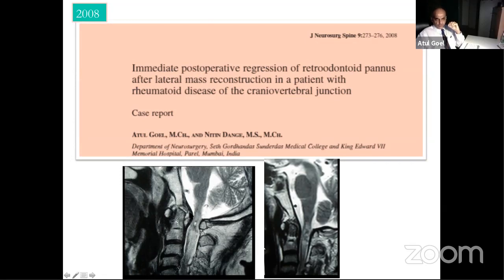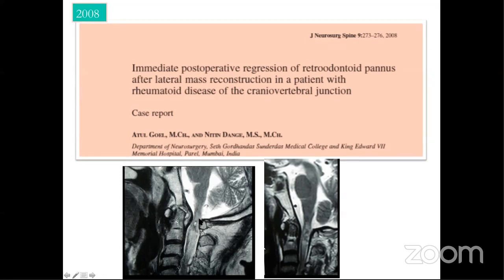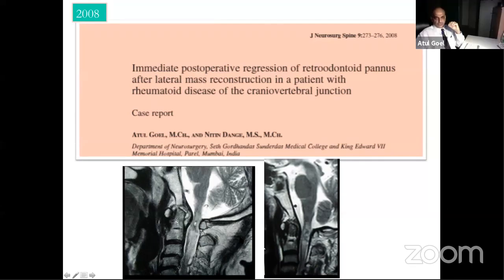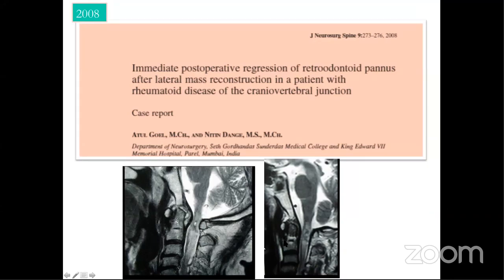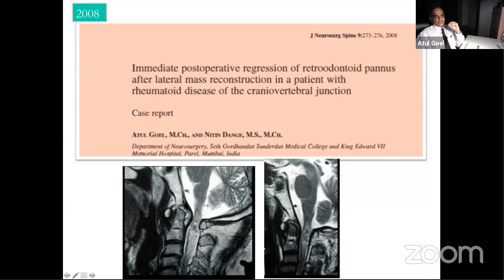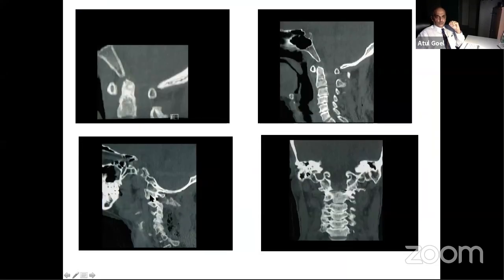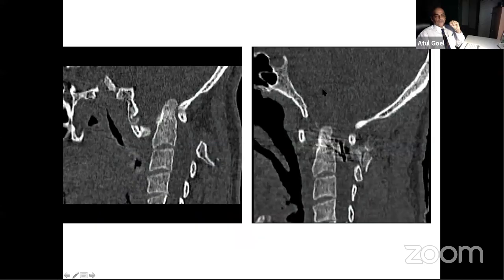So there is no need to do decompression from here. There is no need to do decompression here. There is a problem of instability, and these are secondary features. These are due to buckling of the ligaments, and distraction reduction is the treatment. You do introduce these facetal spacers, and you do distraction reduction and fixation.